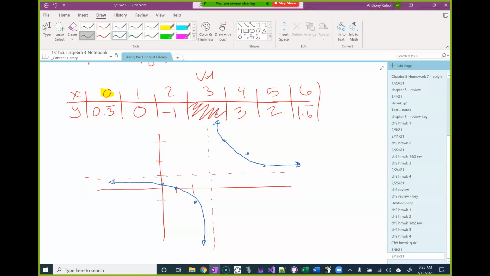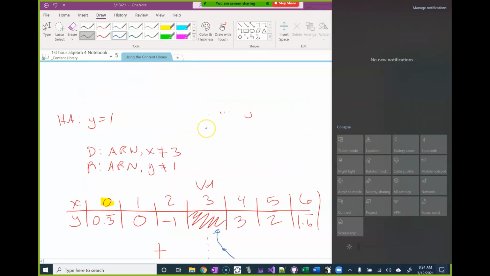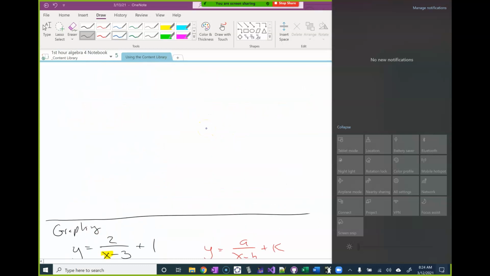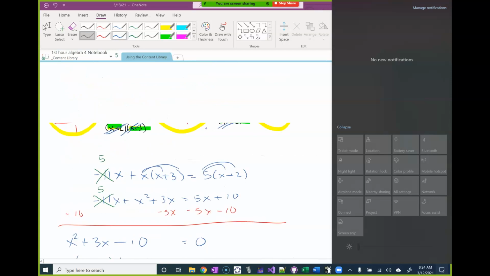Quick question. Yes. Whenever you're multiplying by the least common denominator, instead of writing out the whole denominator, can you just multiply what isn't in that fraction?